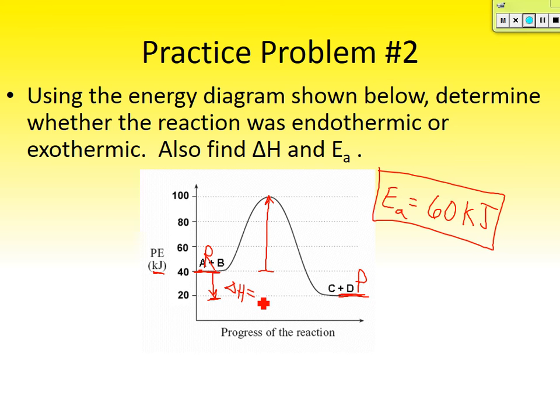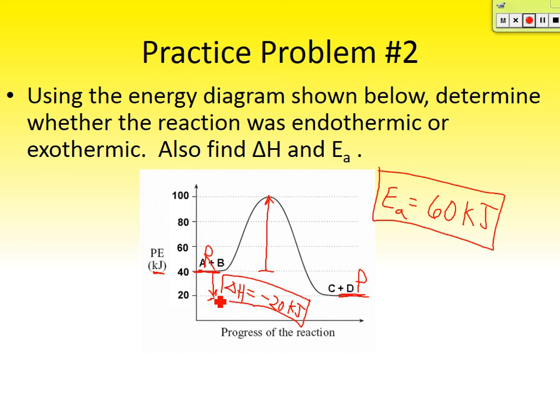And it's going to be negative in this case because my final state is 20. My initial state was 40. So if we do 20 minus 40, that's going to be a minus 20 kilojoules. So my delta H is a minus 20. Now finally, can we just destroy that much energy?